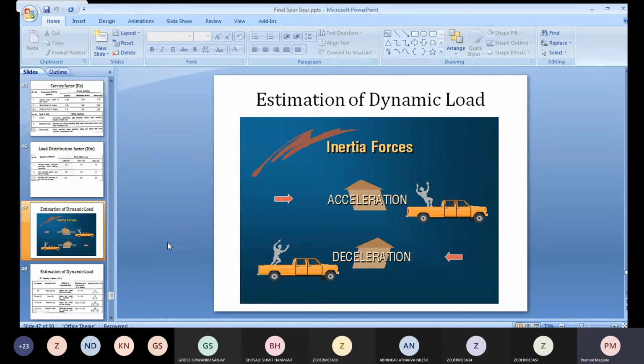Now can anybody tell me what is inertia?